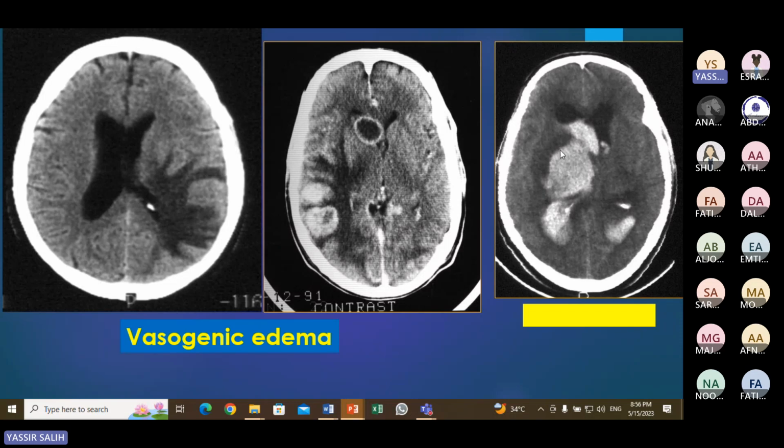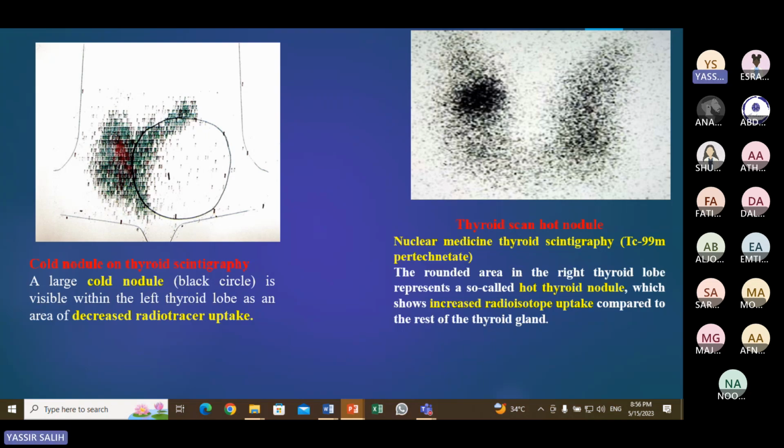So cytotoxic edema occurs around the hemorrhage and infarction, but the vasogenic edema surrounds a space occupying lesion, abscess, tumor, finger-like, involving the white matter. Cytotoxic can involve both white and gray matter. This is the last lecture.